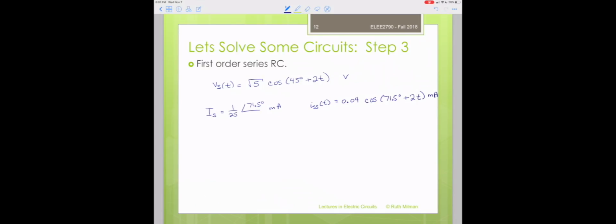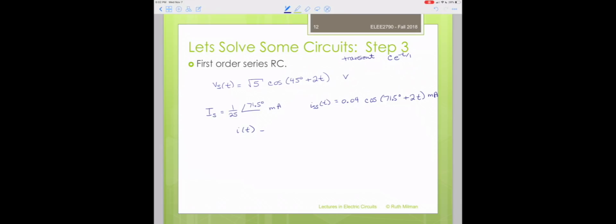In order to look at our entire current, i of t, we need to add not just the steady state value, but also the transient. Recall that all of our transients had a fixed form. We know that the time constant of our system was 1, and so with that, the form of the transient was just c times e to the minus t over 1.